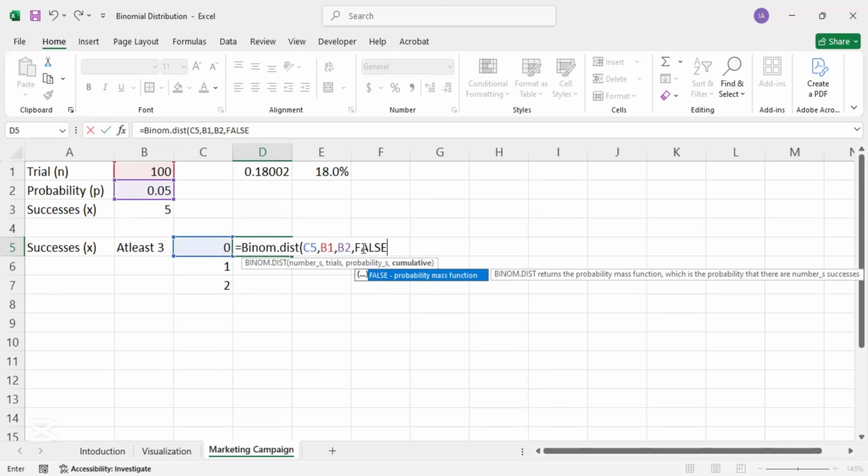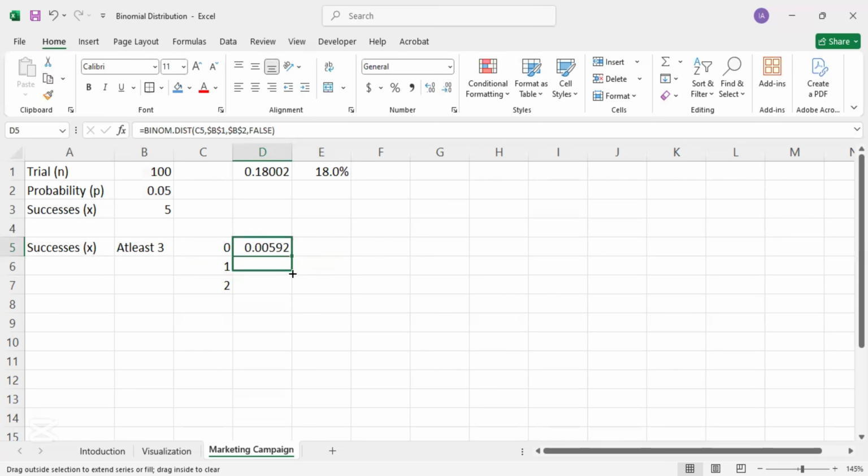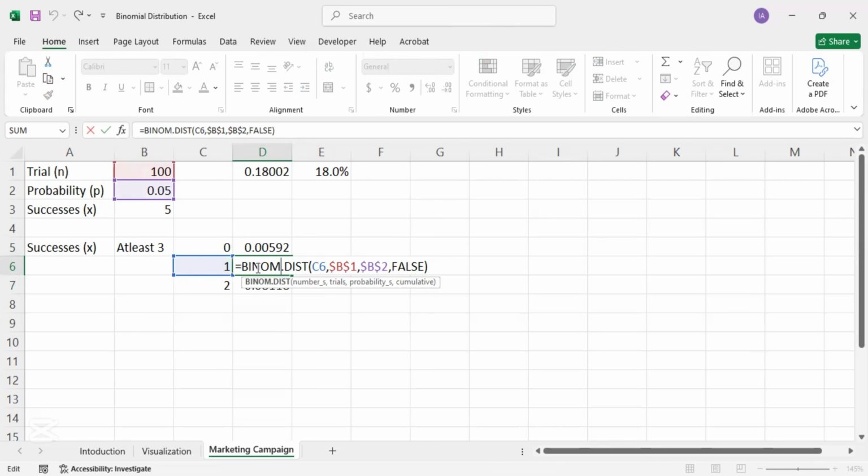Because I would like to autofill this so we don't retype the formula every time, let me lock the trial and probability with F4 on the keyboard. I'll hit enter, then autofill. If you check the formula now, you see our success is now 1 here, then 2 here.